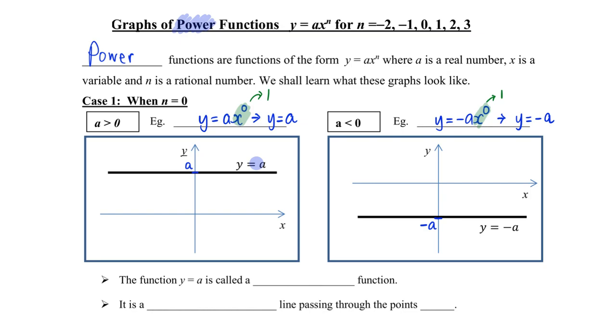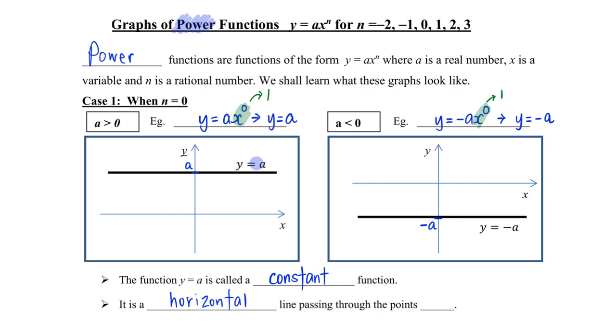So there's a special name given to this type of function or graph. It is called a constant function. And it is a what line? Just now I mentioned before, horizontal or vertical? Very good, horizontal line.